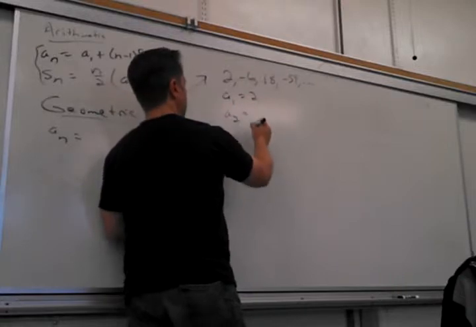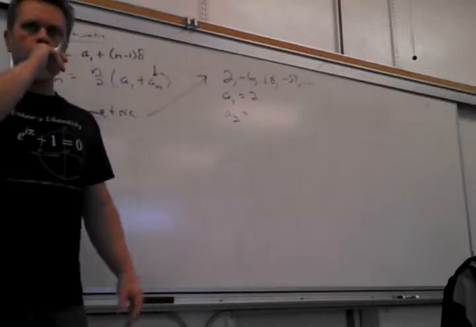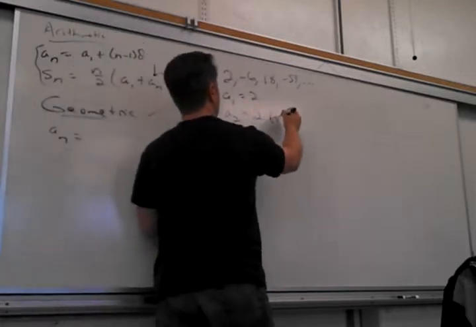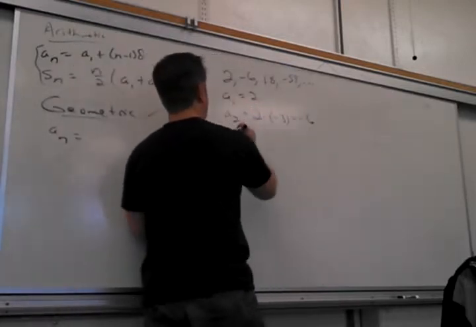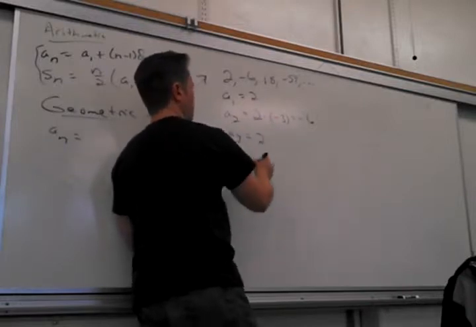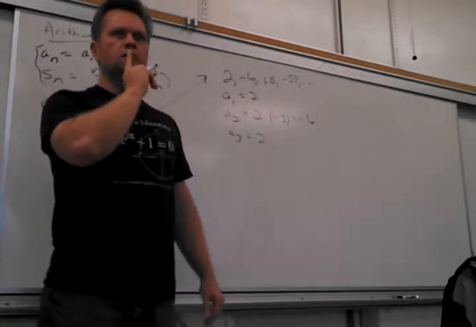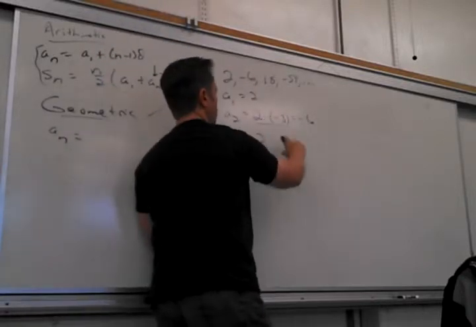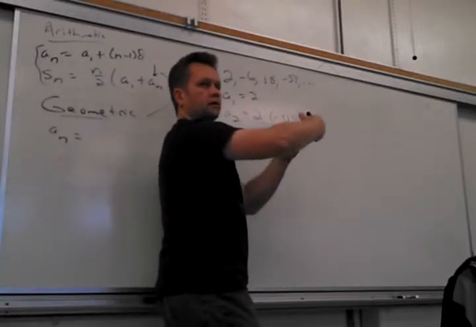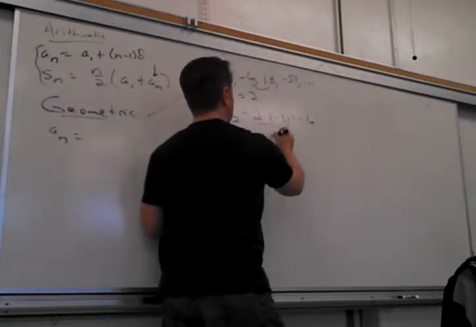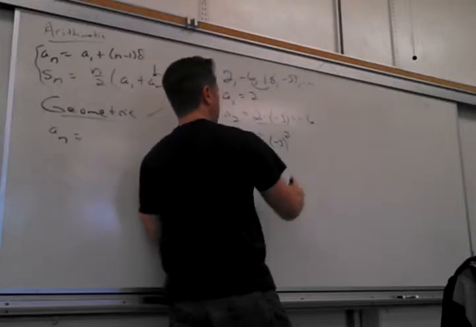How do you get to A2? Multiply by negative 3. How do you get to A3 from here? You multiply by negative 3 again, right? So you multiply 2 times negative 3, then by another negative 3.